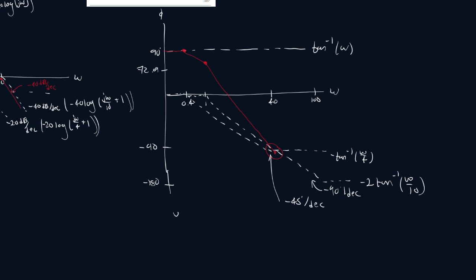So y2 minus y1, y1 being 72.09, all over log of 40 divided by 1 equals minus 135.